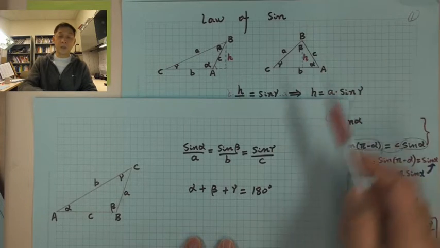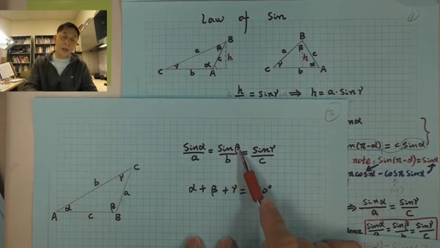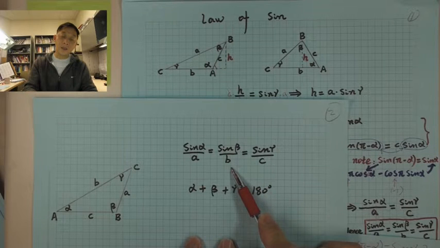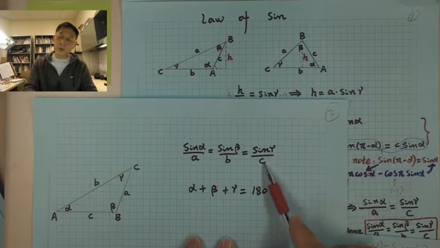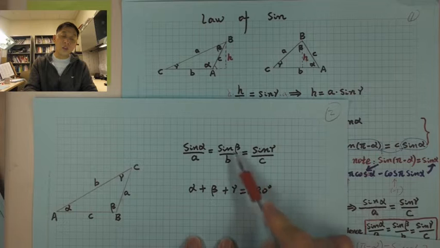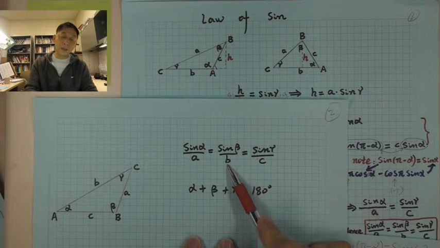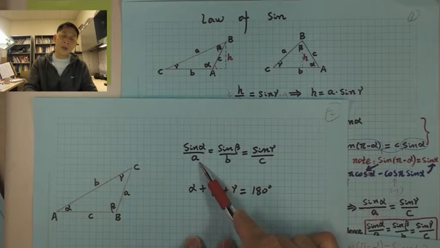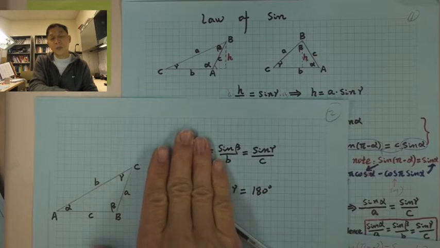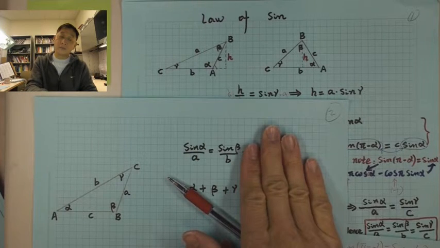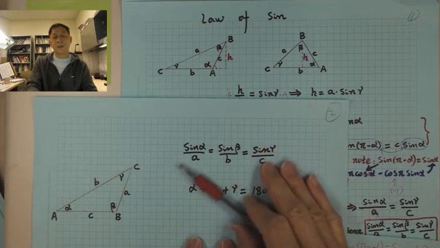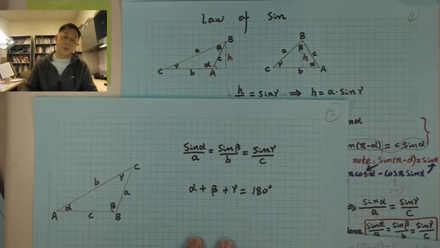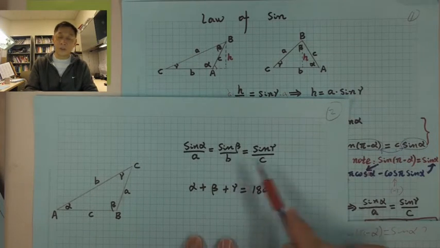In any way, you will get either sine beta over B equals sine gamma over C, or sine beta over B equals sine alpha over A. So a similar way you can do it, and that's why this is true.